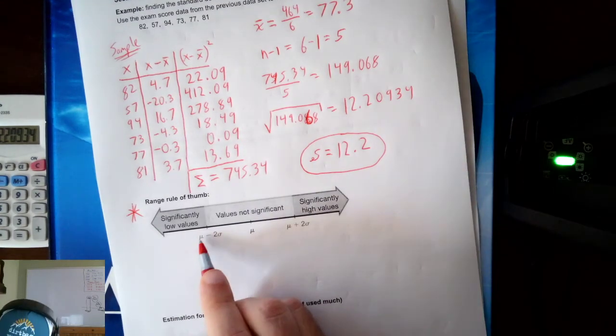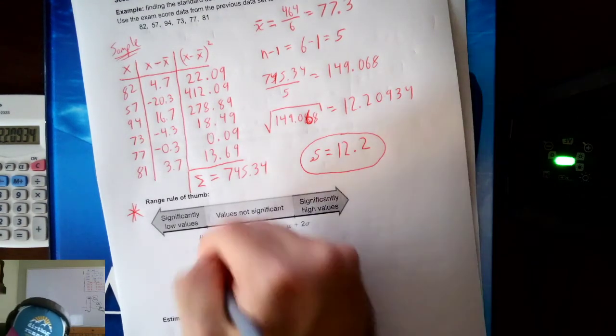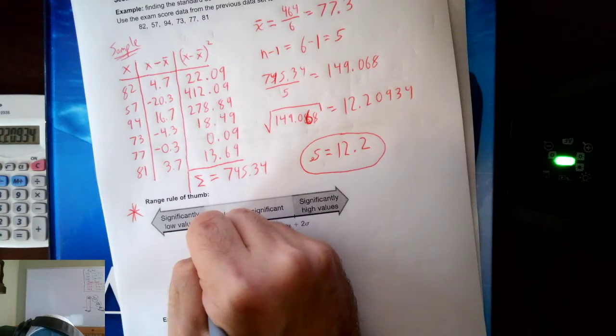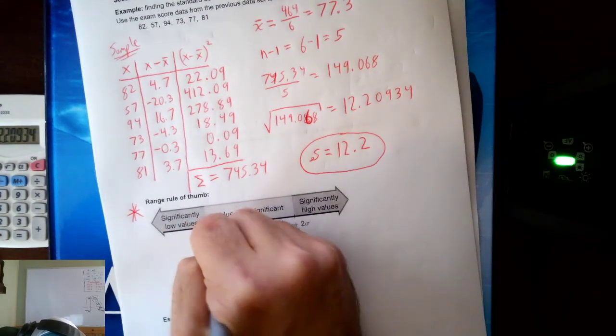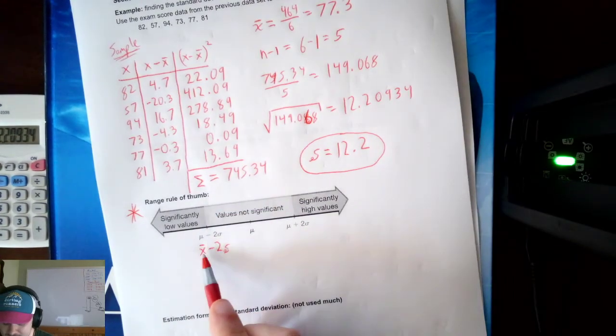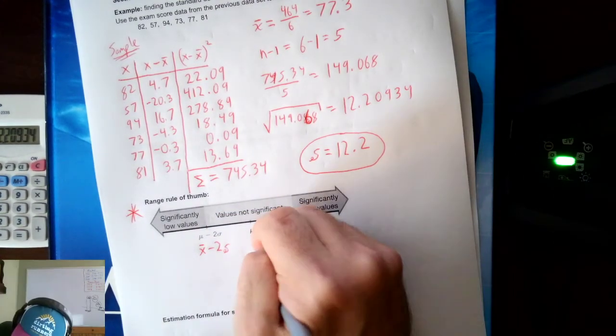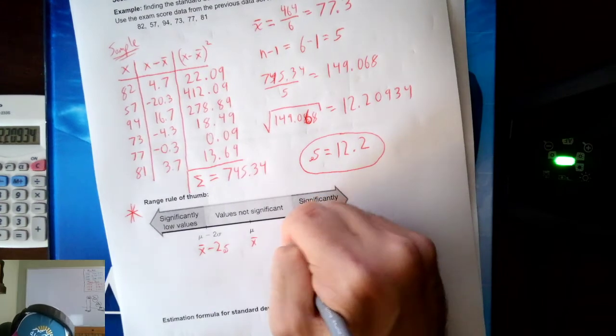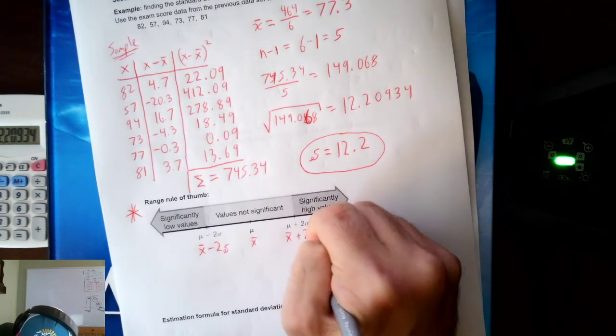And we have a formula, mu minus 2 sigma. Well, let's write the sample formula. It'd be x bar minus 2s, right? If I replace them with the sample letters, this would be x bar, and this would be x bar plus 2s.